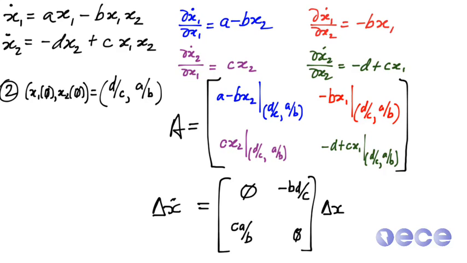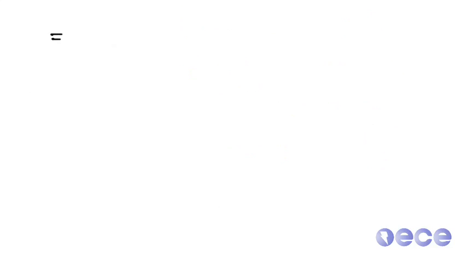So delta x dot is equal to this matrix A times delta x. If we remember that delta x is actually x minus x0, and x0 is d over c for x1 and a over b for x2, now we can take this update equation and write it based on its initial conditions.